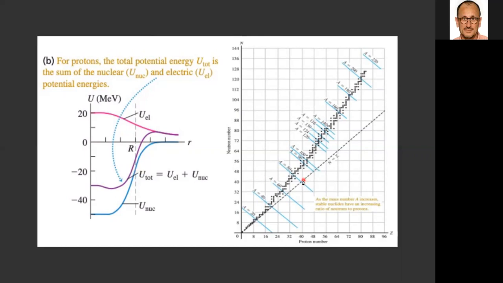Okay, this table to the right here is called a Segre stability plot. It shows a point for each one of the nuclei that are stable in nature.